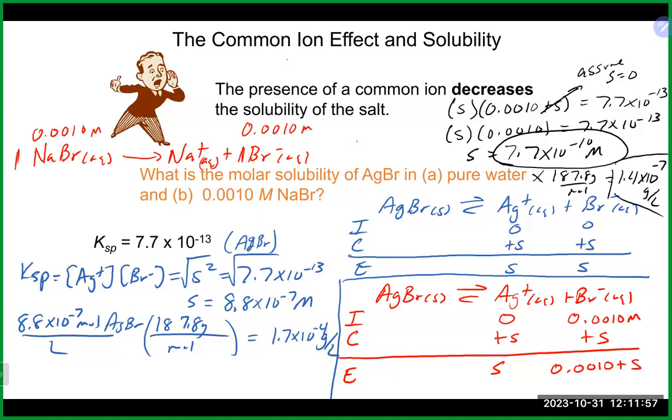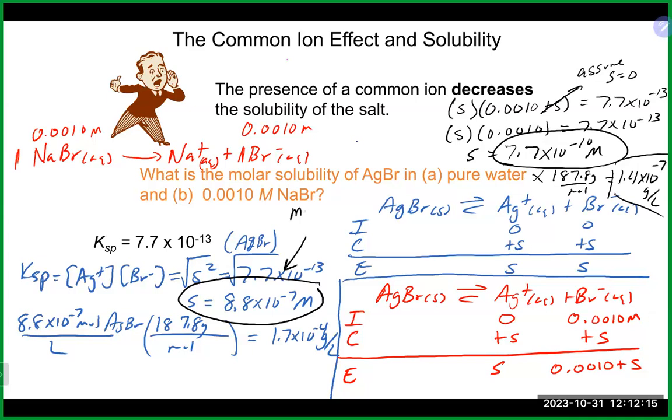We could compare the molarity here between it and water and it with the common ion. Which one has the higher solubility? The one in water or the one with the common ion? The one in the water, which is this one, is a larger number.